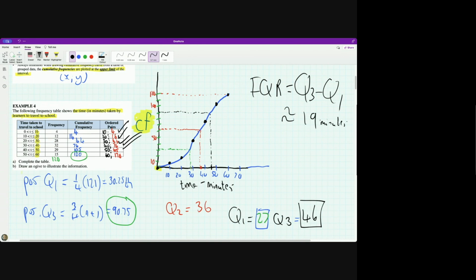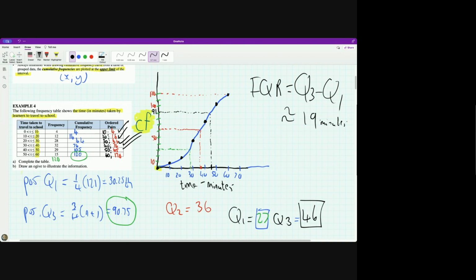So if I follow this back from 46, what is this in line with? Well, this is in line with about 91, isn't it? Give me a thumbs up because it's 90.75 actually, but we'll call it 91. Give me a thumbs up if you understand that 46 minutes maps to 91. I thought I saw one thumb there.